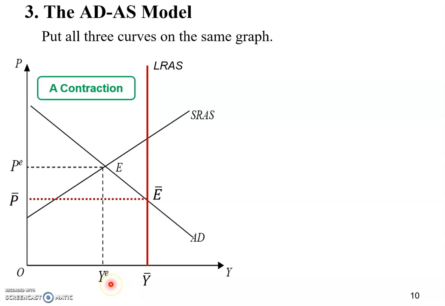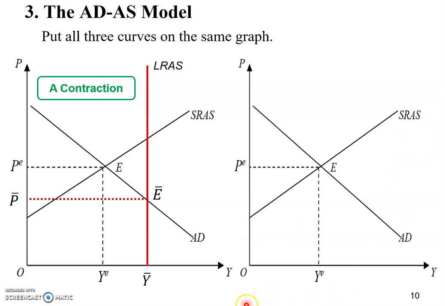That means the economy suffers. It's in a recession or a contraction. It produces less than it's supposed to, less than what the productive resources could potentially produce. So this is the first possibility.